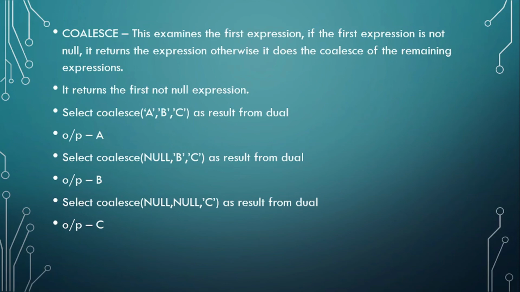The second example tells us the first expression is null and then B and C. So B is the output because B is obviously the first not null expression, and the third example says C because it is the first not null expression. As we can see, expression 1 and expression 2 are null. So this is the basic usage of COALESCE.